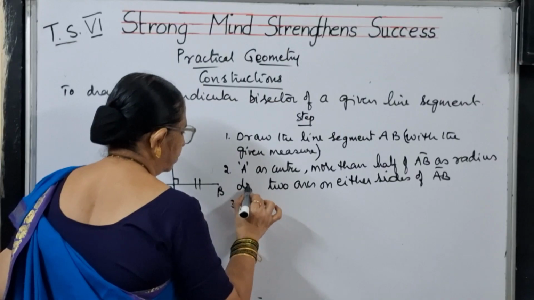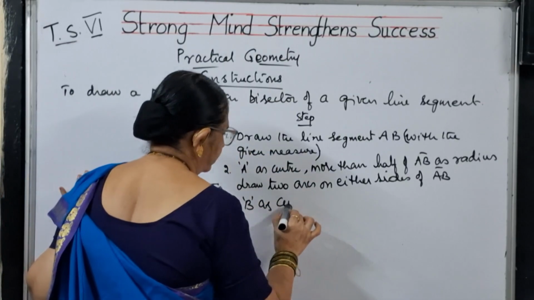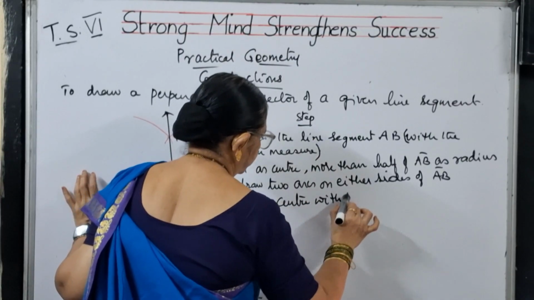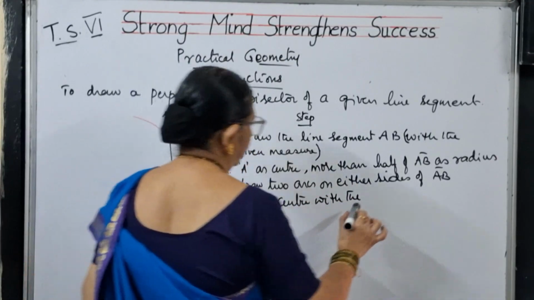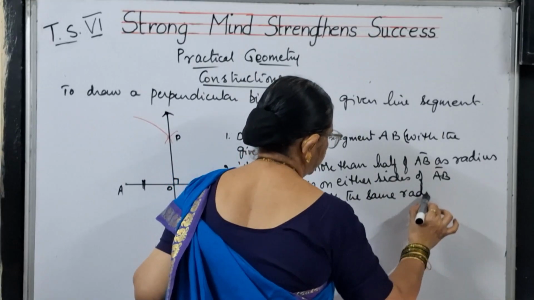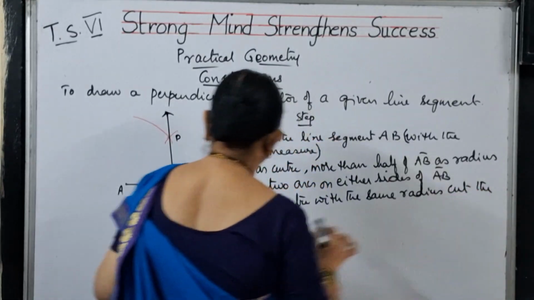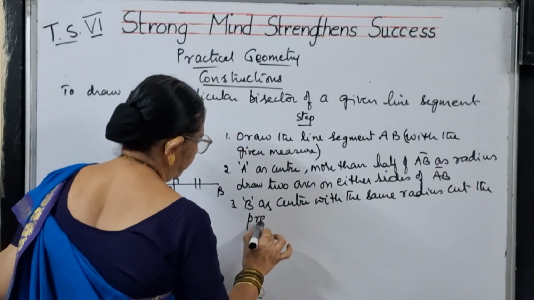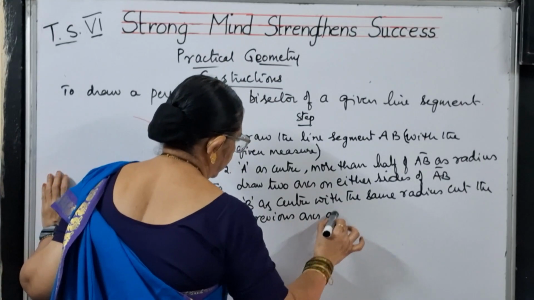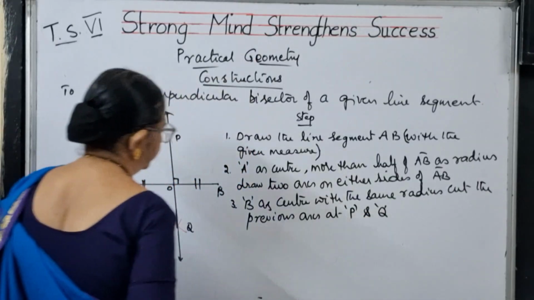Draw two arcs. First arcs you are drawing now. So draw two arcs. B as center with the same radius. Cut the previous arcs at P and Q.